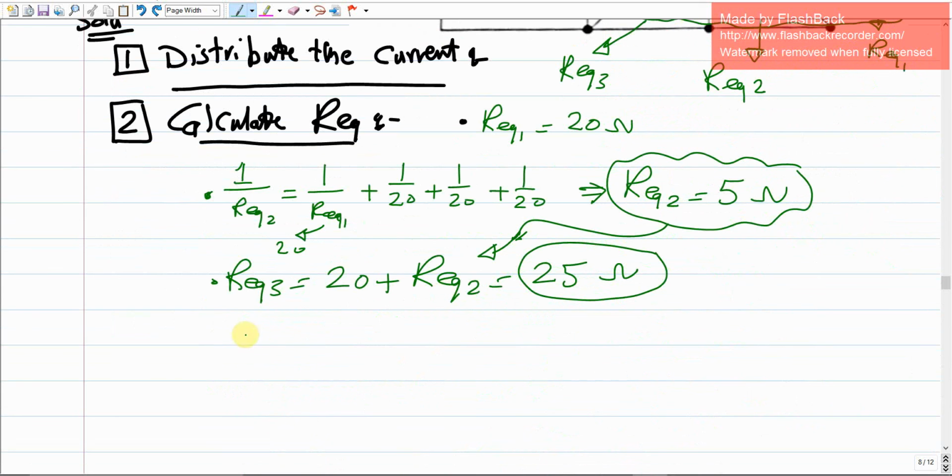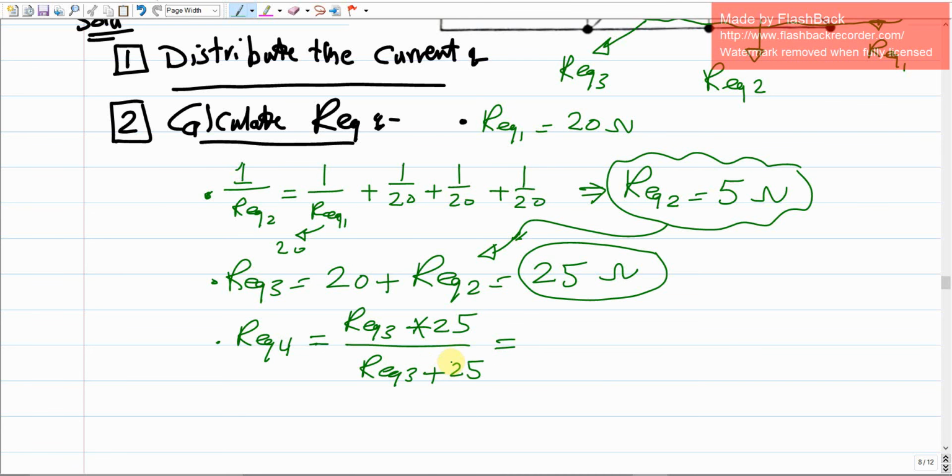So we're going to end up here with R equivalent 4. It's going to be R equivalent 3 times the 25 divided by R equivalent 3 plus the 25.